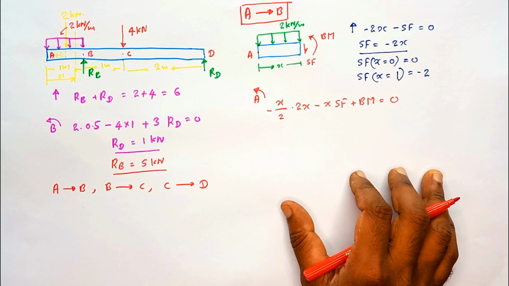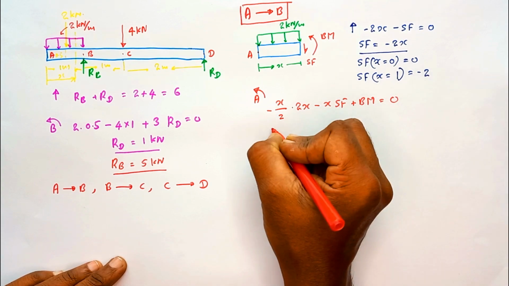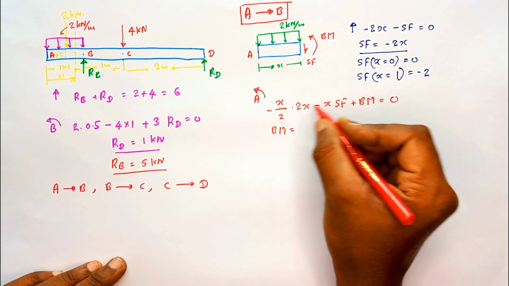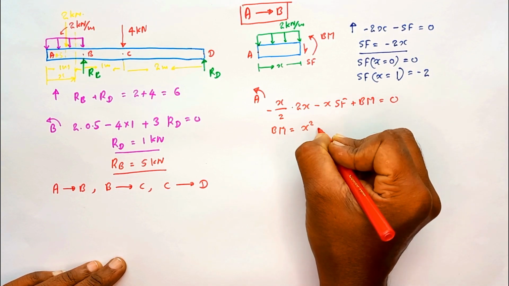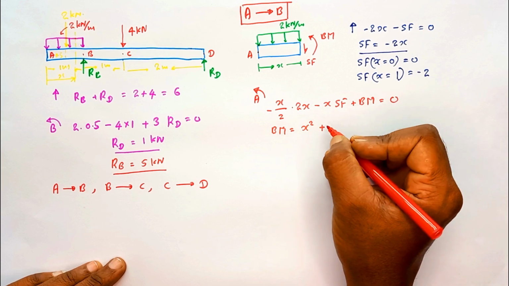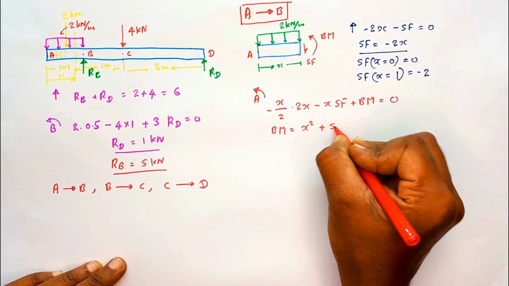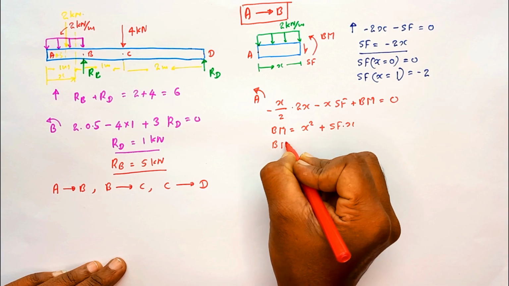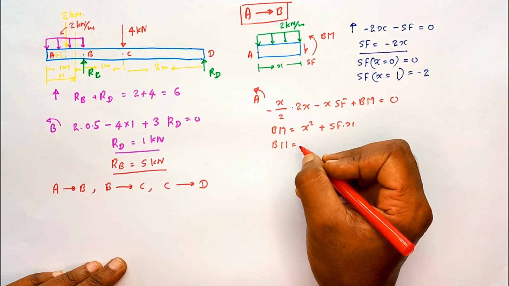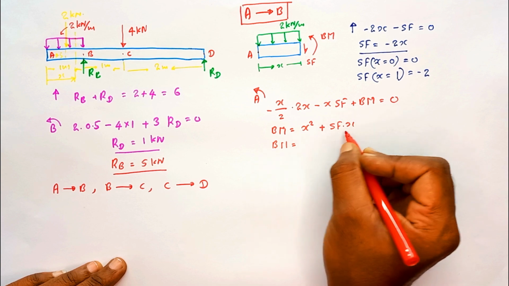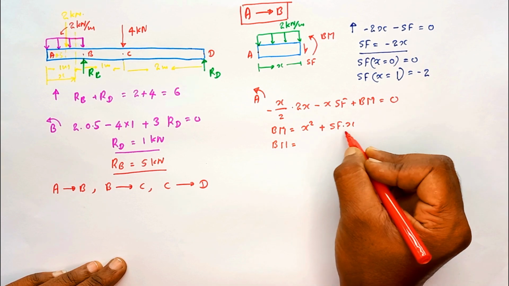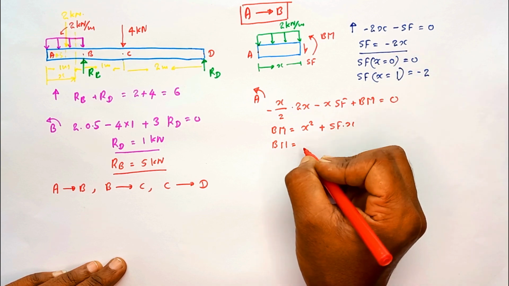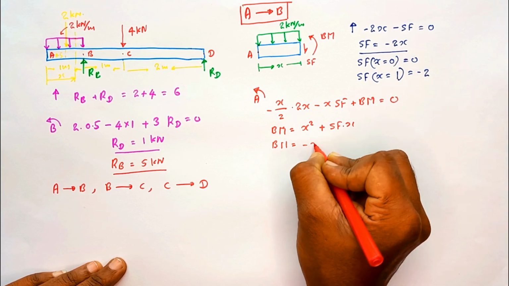By simplifying this equation and taking the bending moment as the subject, the bending moment is equal to x square plus x into shear force. Here the shear force is minus 2x, so the bending moment is equal to minus x square.